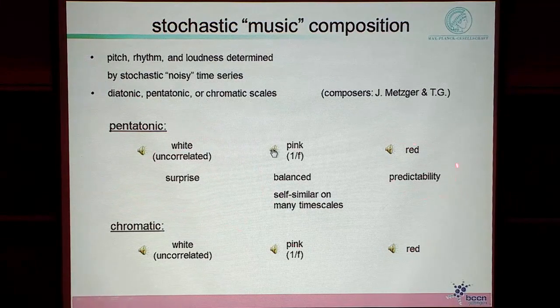The red noise is too predictable. And the pink noise is balanced somewhat in between surprise and predictability. So it is somewhat predictable, but also has changes, has some surprise. So it's balanced, and it's self-similar on many time scales.